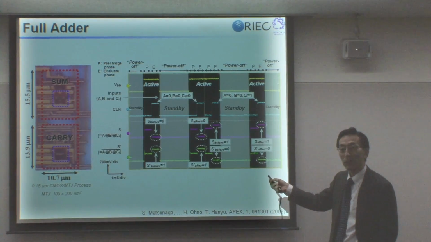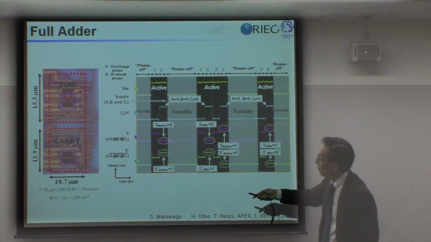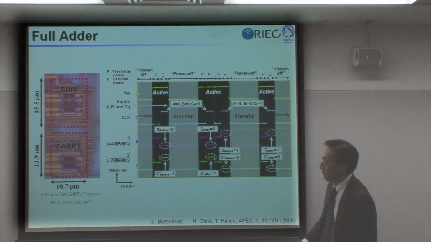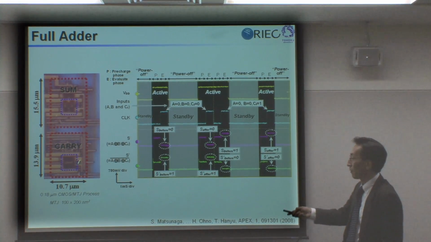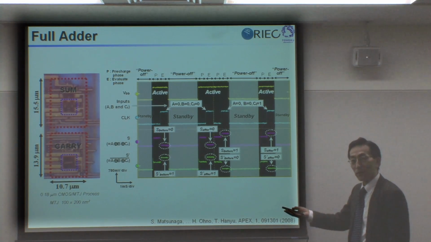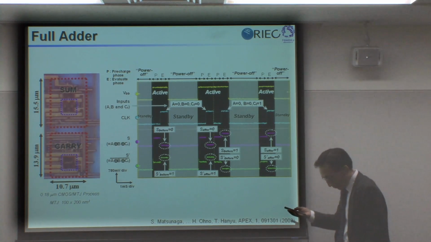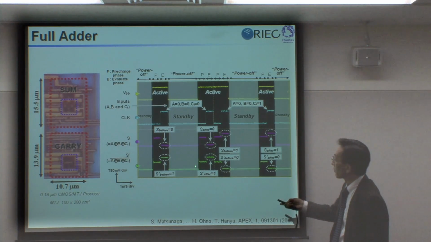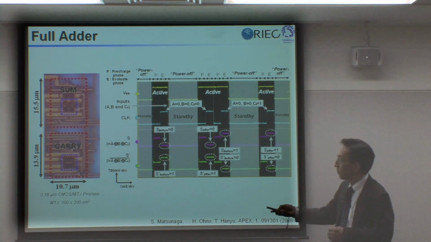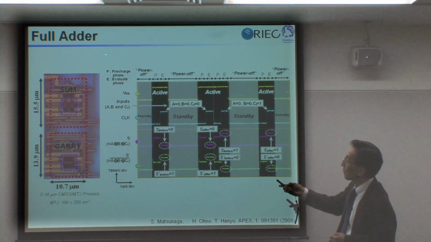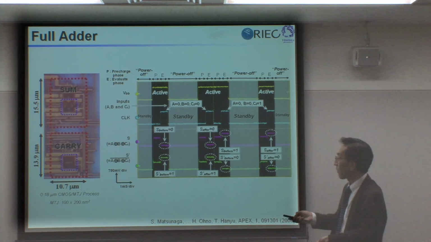You might think this is absolutely obvious because after all, we're having magnetic tunnel junctions here and there. Well actually we are having non-volatile elements. But if you want to do this with another approach, then when you turn the power off, you have to keep the information somewhere else, which takes time and power.